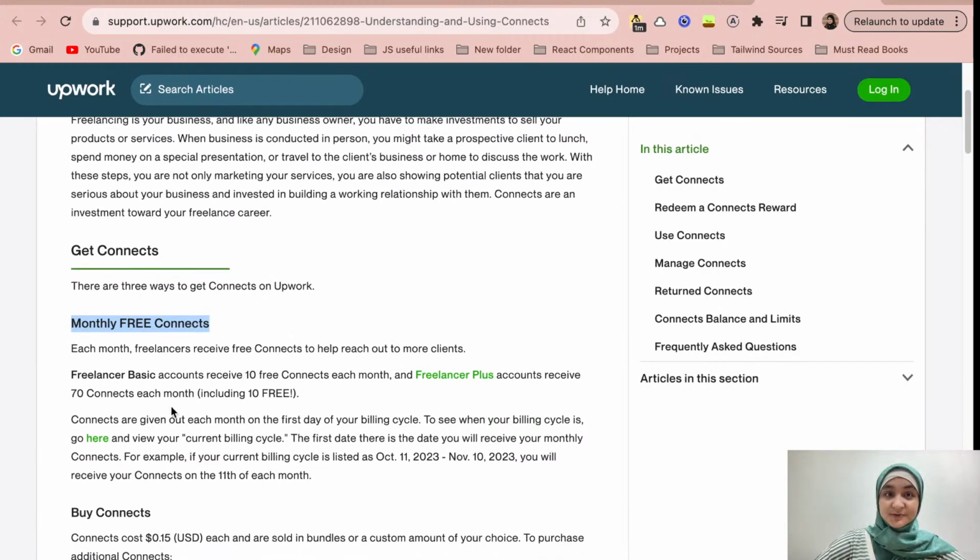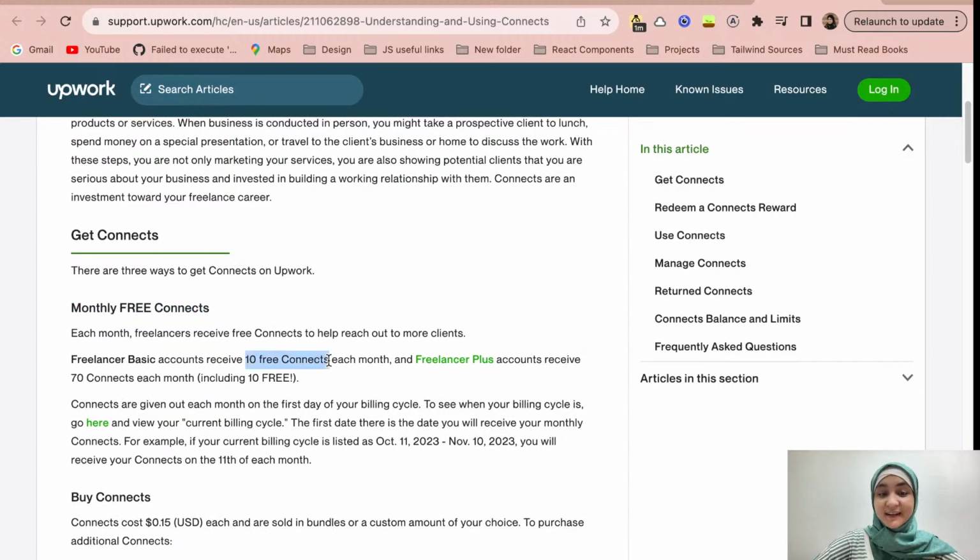According to the articles about Upwork, you will get 10 free connects each month. But if you buy a subscription, Upwork Freelancer Plus, which costs, I believe, $10 or $15 a month, you will receive 70 connects each month.